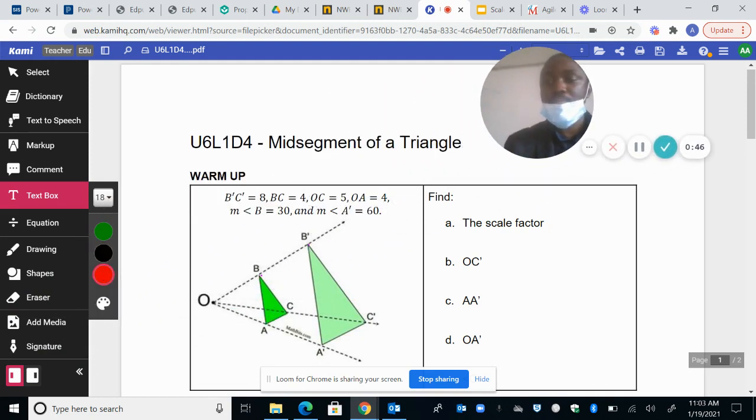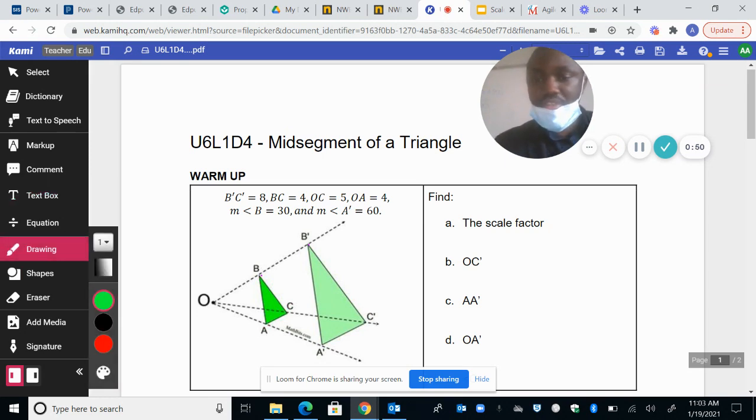As you can see, the triangle A prime, B prime, C prime is the image of ABC through a dilation with the center of dilation at point O. We're going to determine the scale factor here.